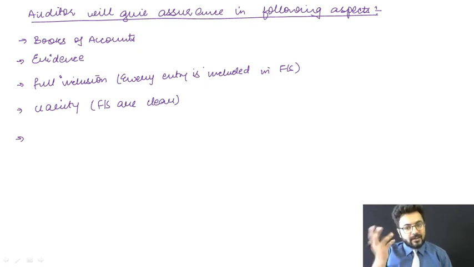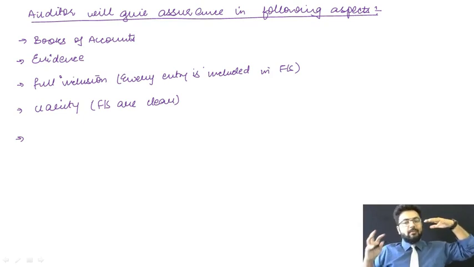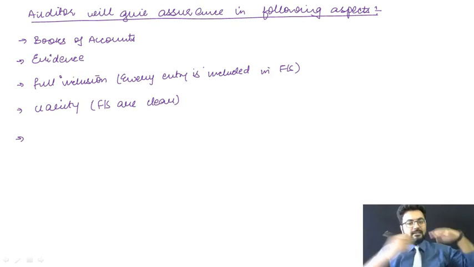Why? Because you were like, we are going to enjoy, the profit is going to be 500 crores. You have not deducted any of the expenditures. You have not transferred the entries from your journals into the trial balance, to the exact accounts.